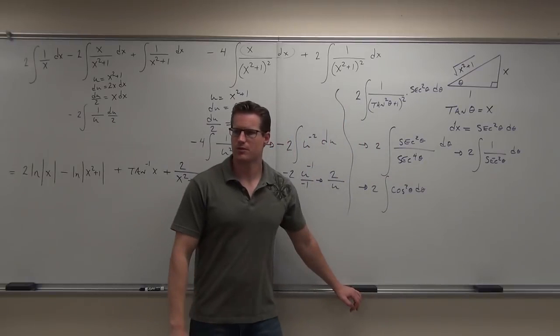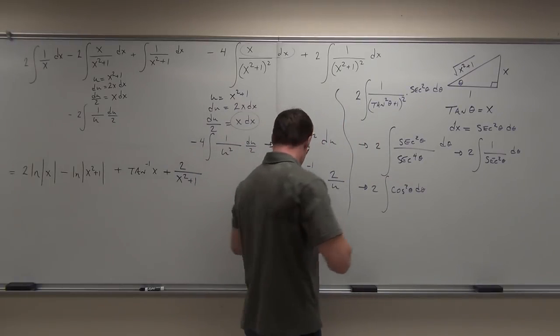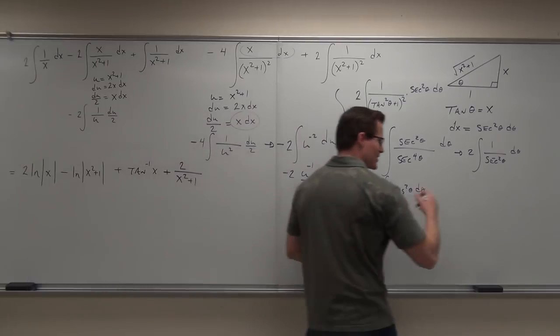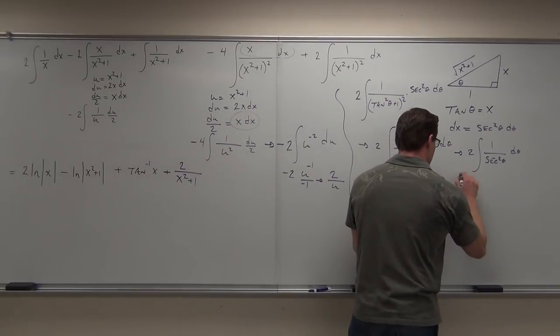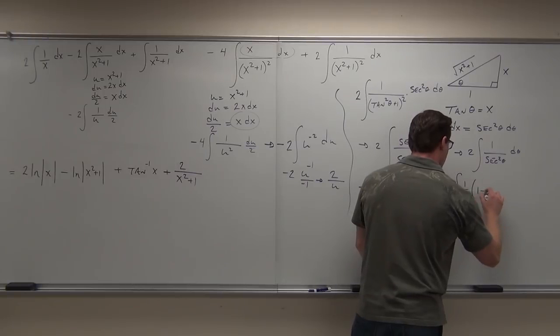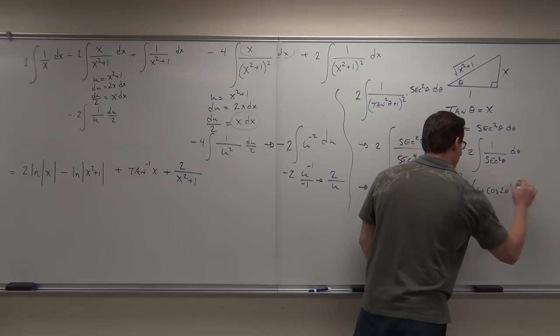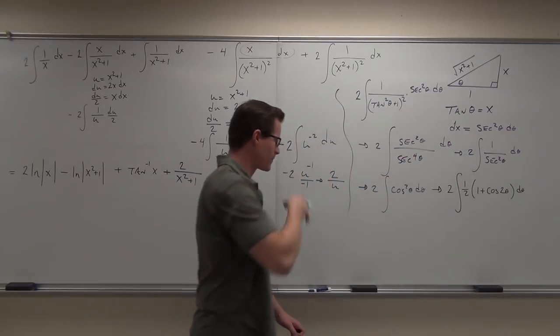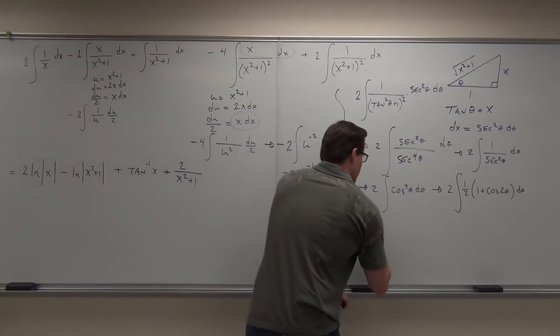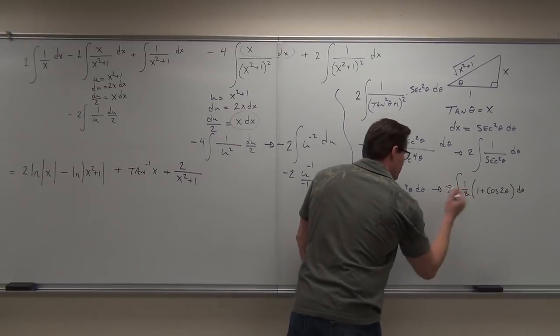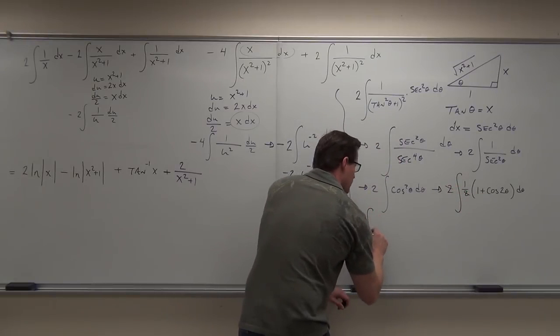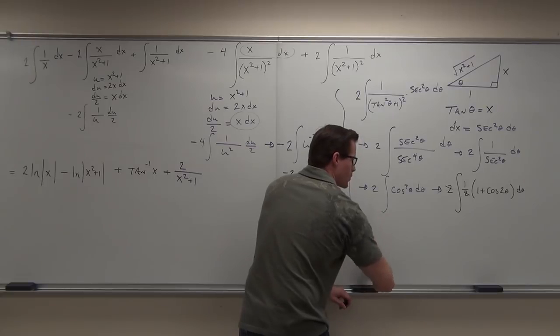See where the cosine squared is coming from? Yeah. Hey! Do we know how to do cosine squared? 2, 1/2, 1 plus cosine 2 theta d theta. These are gone. We get, I'm just going to do the integral right here.